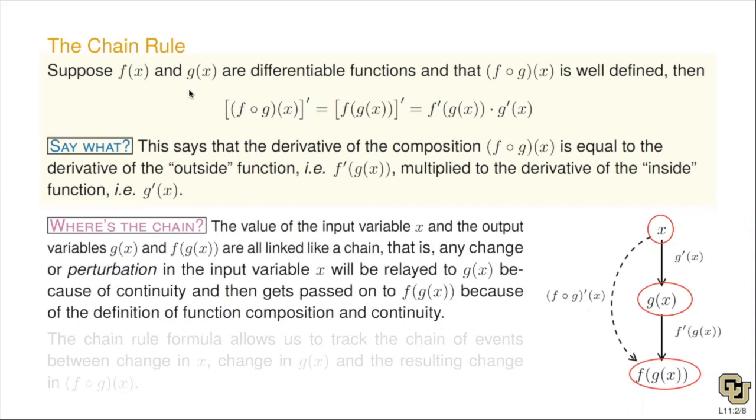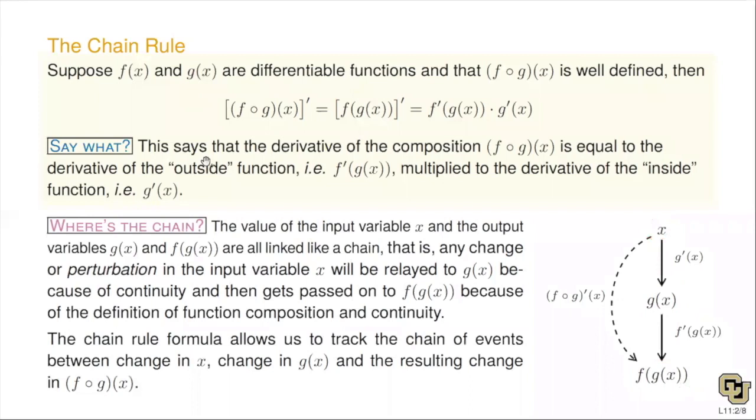So there's a chain reaction, or they're linked like a chain. If you shake x, that motion gets transferred to g through the continuity, and the motion in g gets transferred to f of g. So that's the chain idea, and the chain rule lets us track the chain of events. If x changes a little, then g prime of x records how sensitive g is to any changes in x.